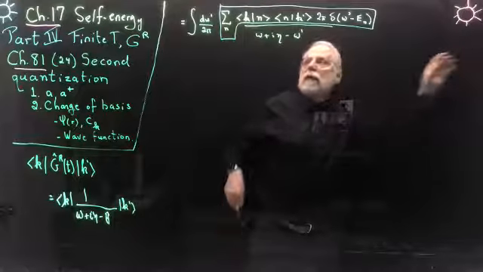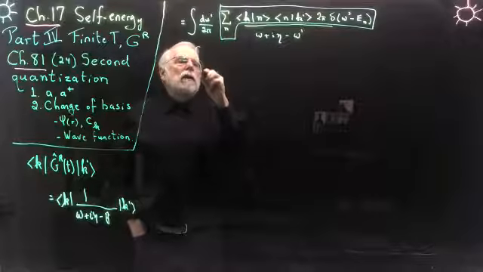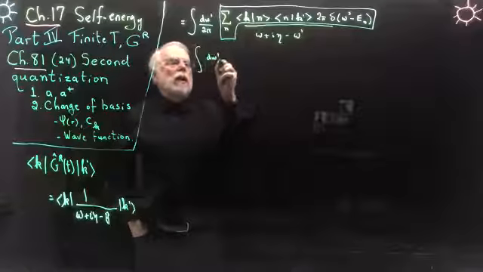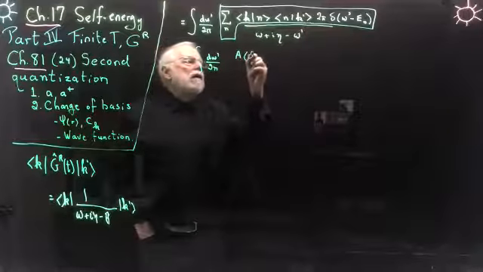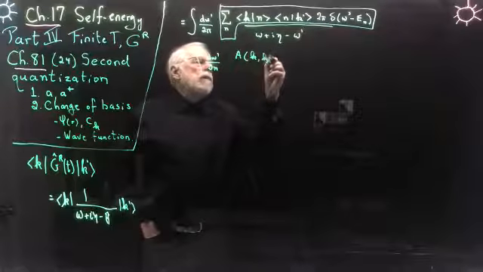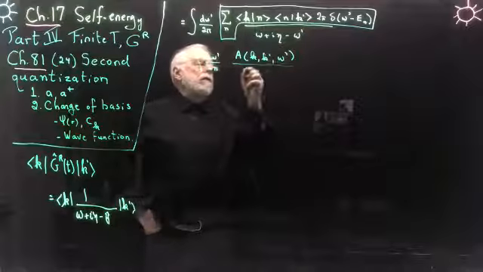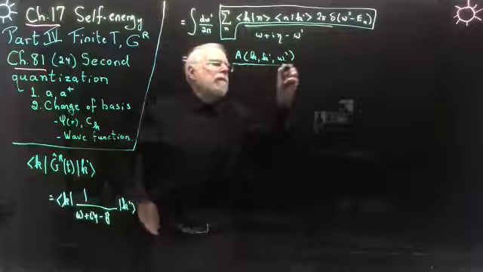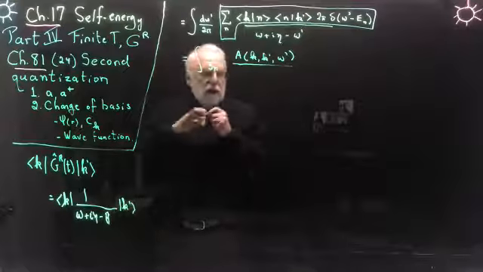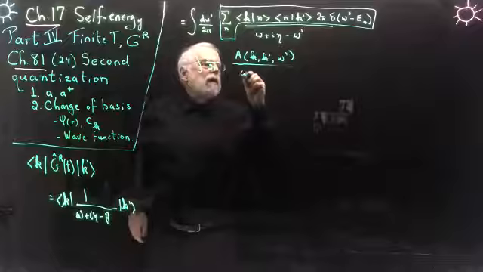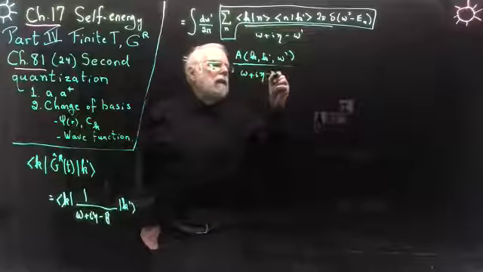Now we have what I will call A. So this is the integral d omega prime over 2 pi of A of k prime, omega prime, divided by omega plus i eta minus omega prime.